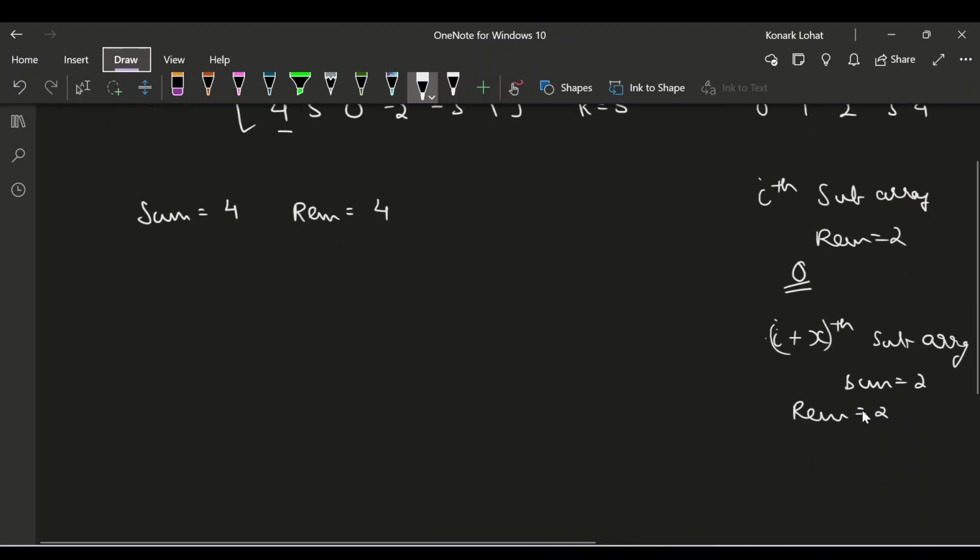And if the remainder is the same, there's one thing to notice: you have already encountered this same remainder, 2, and you have encountered it again, which means the subarray added after involvement of the ith element is divisible by k. And why is it so? Because if a plus b is divisible by k, then this can also be written as a modulus k plus b modulus k.